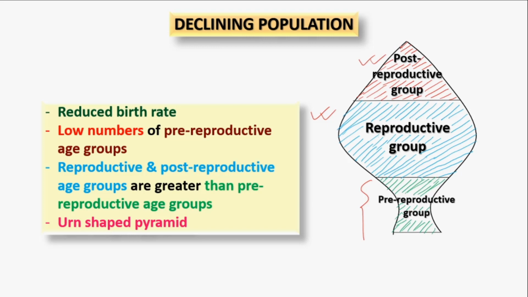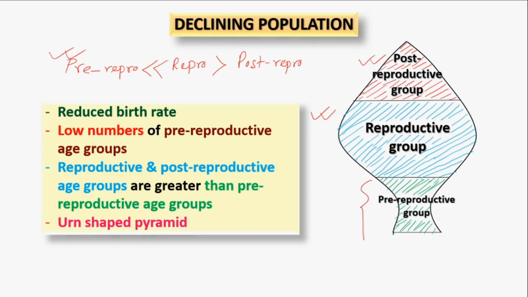That means we can write this as: pre-reproductive is much smaller than the reproductive, but reproductive is also higher than the post-reproductive, and this would be the status of this kind of population.